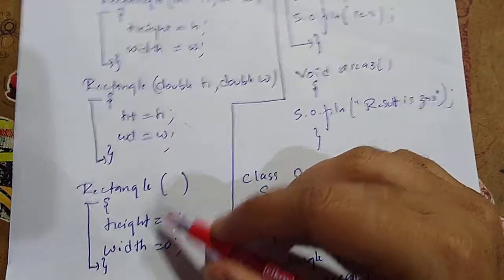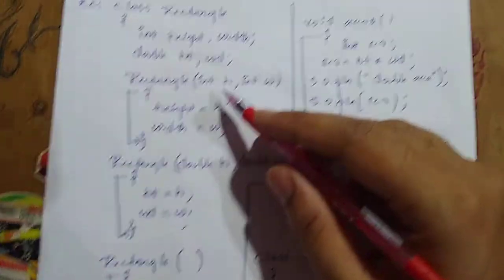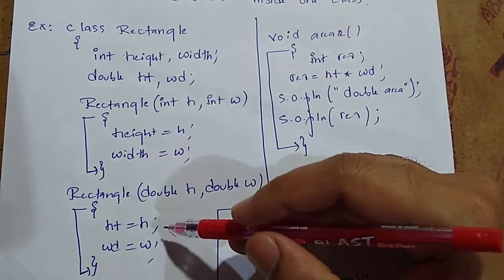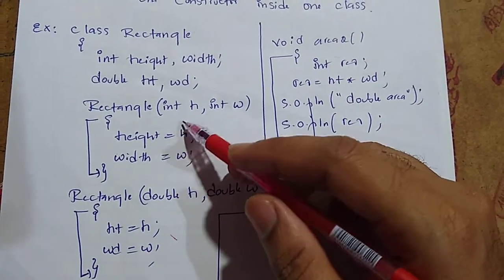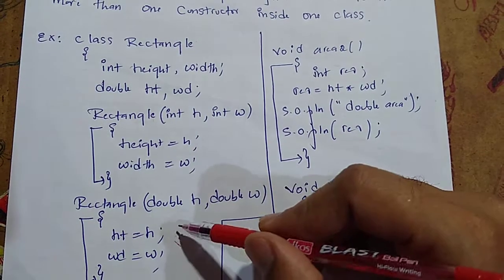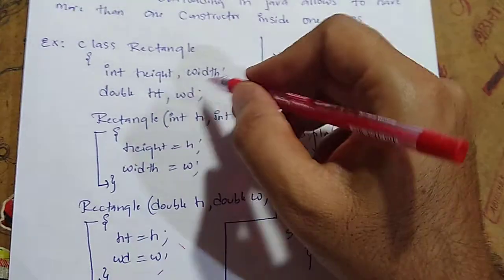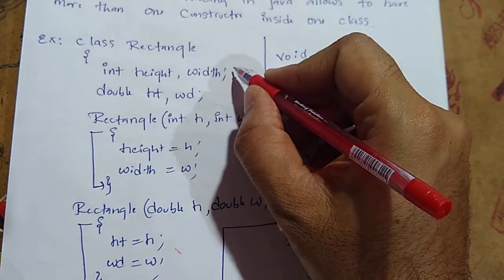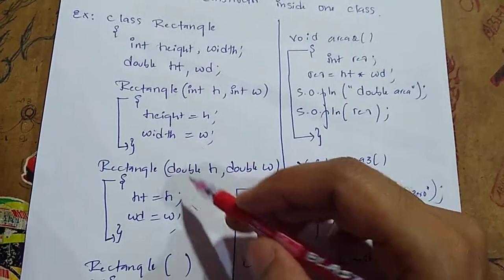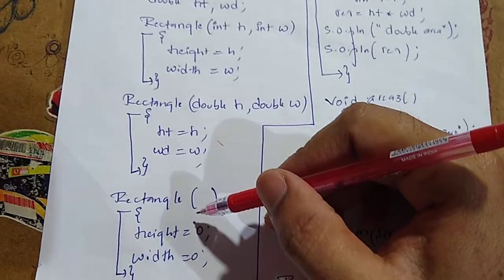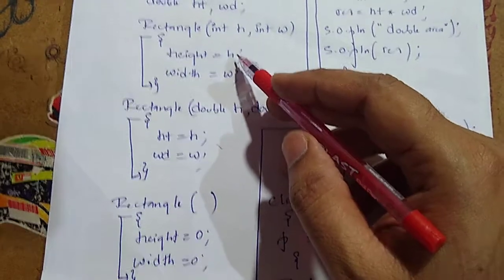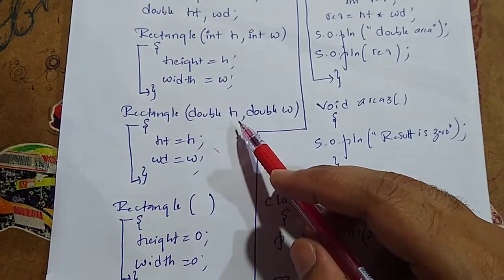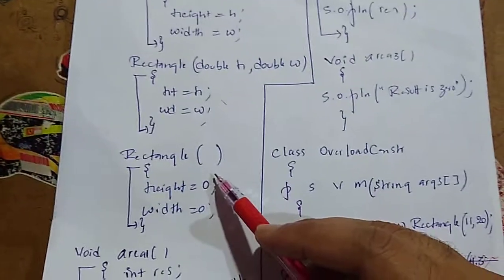Of the two parameterized constructors, one is taking two integer values and the other is taking two double values. These four are called data members. The plain constructor is not taking any parameter.